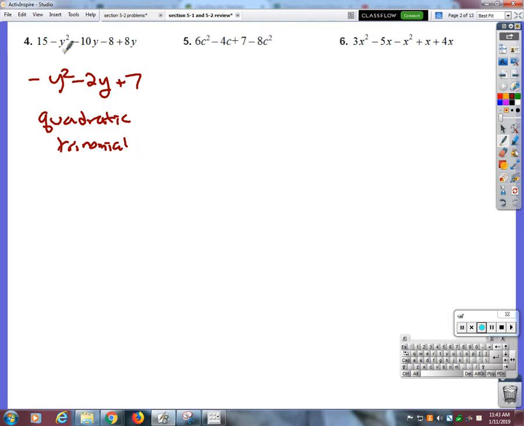Y squared minus 18y. How did you get the 18? Because this one is a negative and that one's positive. So it should be negative. I mean, you're right. You still get the same name, but this piece is important also, that you get that. Okay? So yeah, since this is negative and that's positive, it's negative 2y, not negative 18y. Okay?